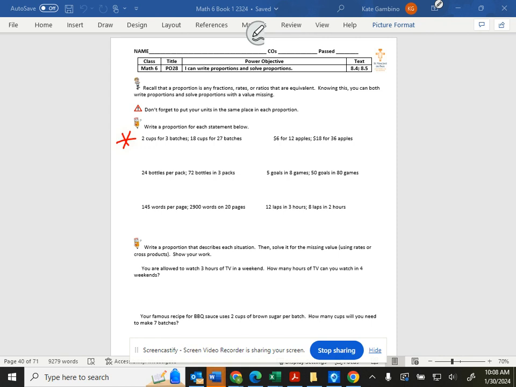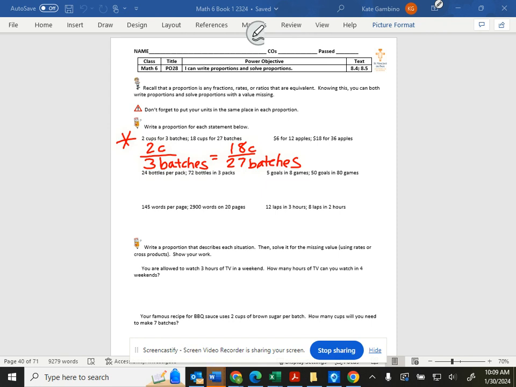Like, 2 cups on top and then 3 batches on the bottom. Yep. And that equals 18 cups on top, 27 batches on bottom. So that's how you would set it up with your labels. Cups and cups are both on top, batches and batches are on bottom.